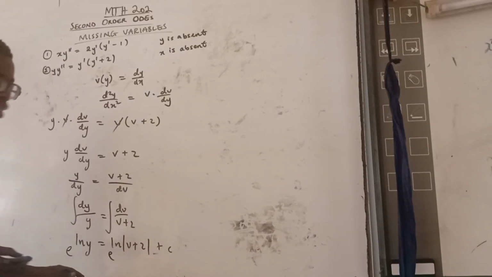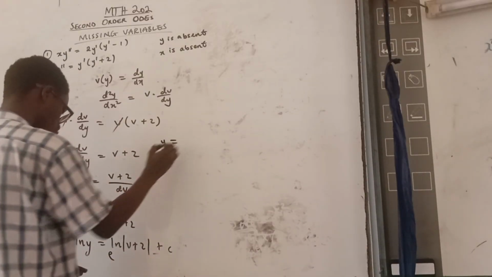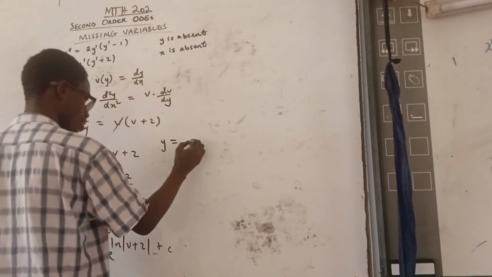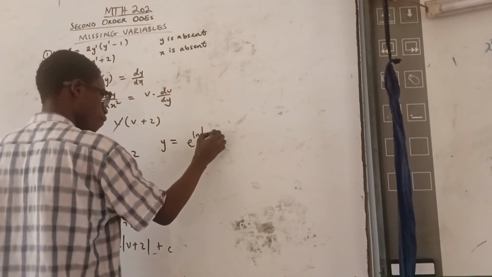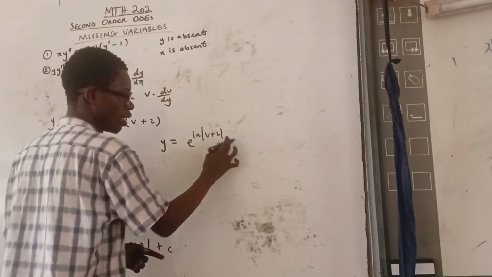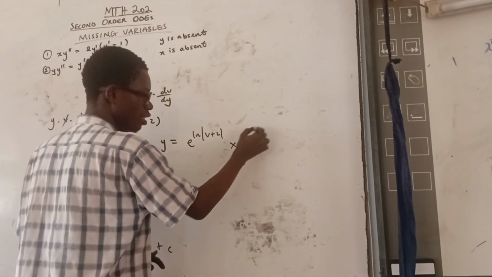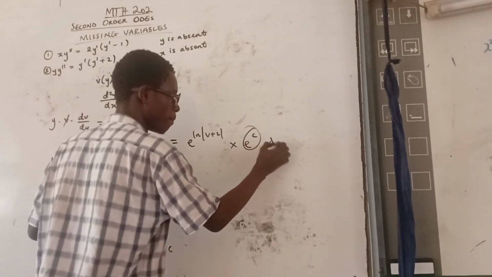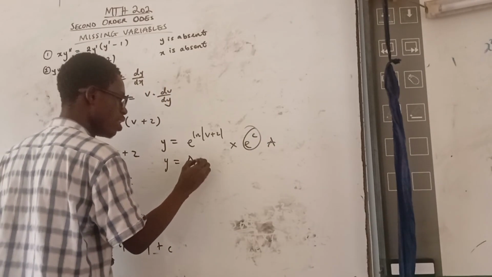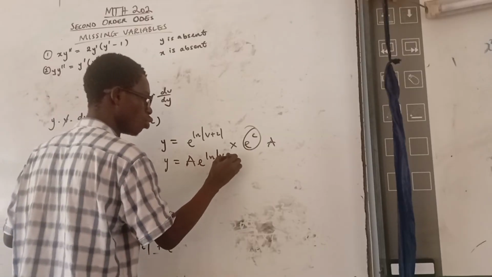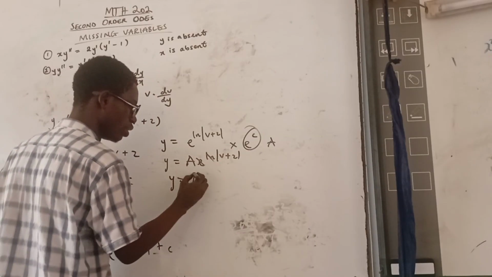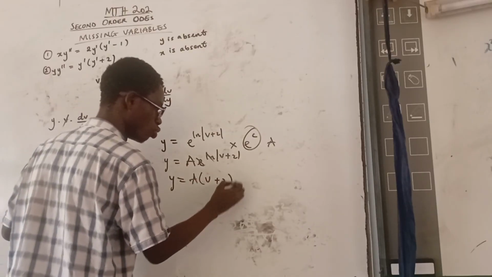E cancels this ln, so y equals e raised to the power ln (v plus 2) plus c. This plus c, I can now write as times e raised to the power c, which I can take as a. So a comes to the other side, and we have y equals a e raised to the power ln (v plus 2). E cancels ln, so y equals a times (v plus 2).